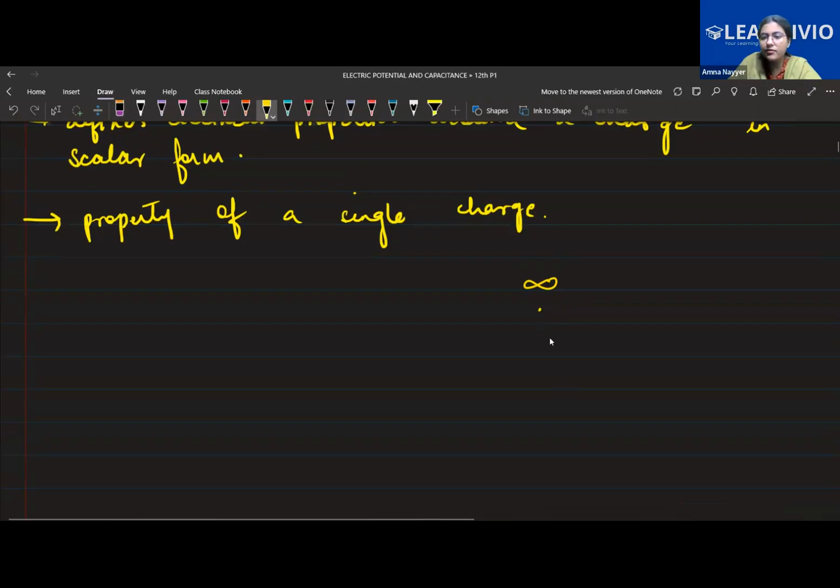And here you have your charge. From here, there is one point A. Point A is still there in your system. You are bringing this charge from infinity to this point A.